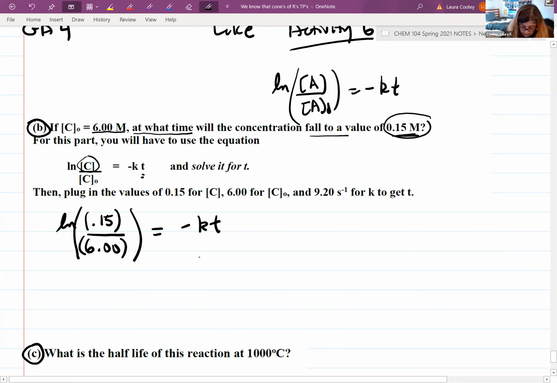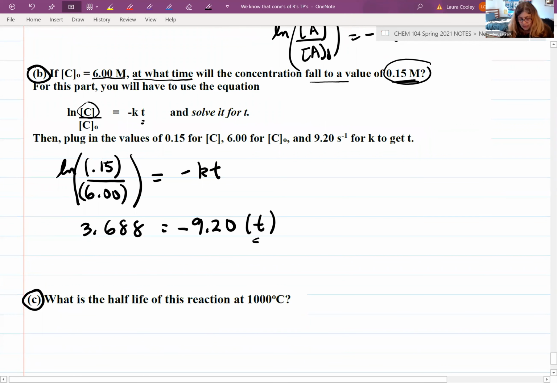In this problem, the k is 9.20. So the only unknown is the time. The log of this 0.15 over 6 is negative 3.688. I always use a lot more sig figs when I'm doing the problem, and I round at the end.